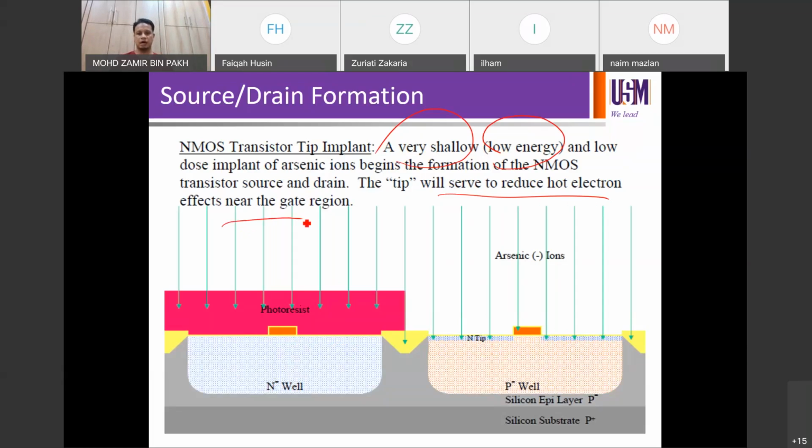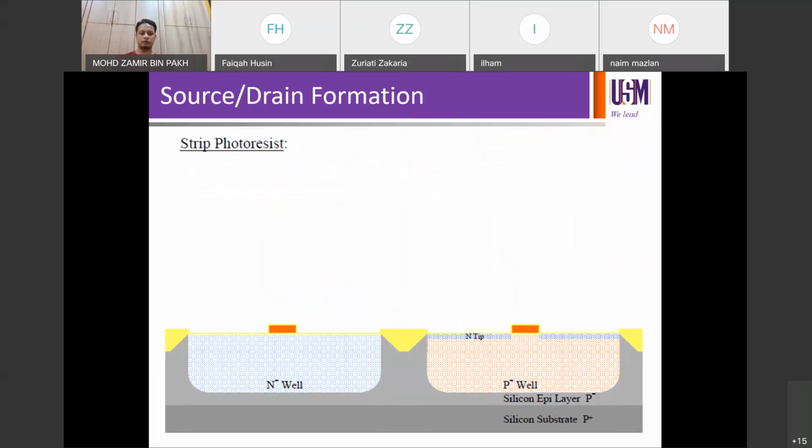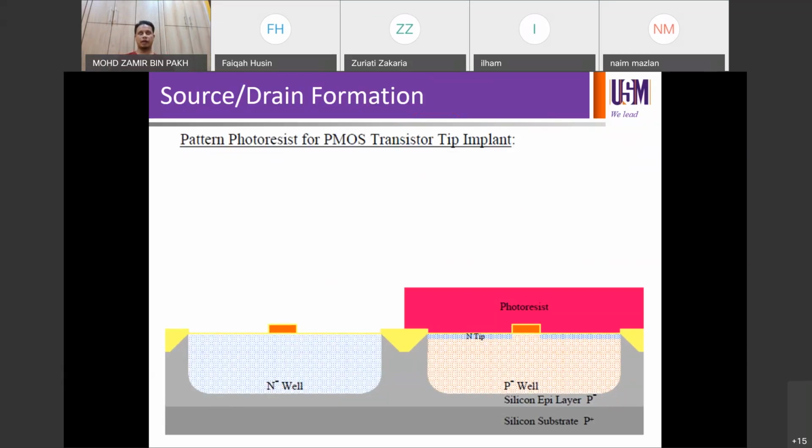Okay, let's see how it looks like. So you pattern your tip here and there. That will define your source and drain for your right hand side transistor, but your left hand side will follow next. Done. Strip the resist. So you're ready for your next implantation on the left hand side. You coat the right hand side, you develop the left hand side using a very similar lithography process.